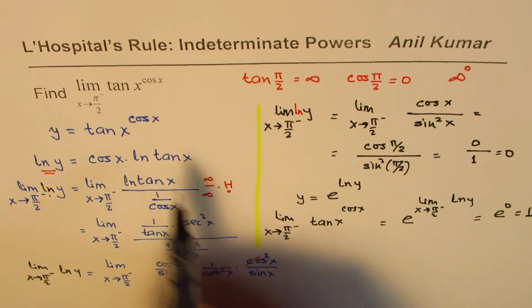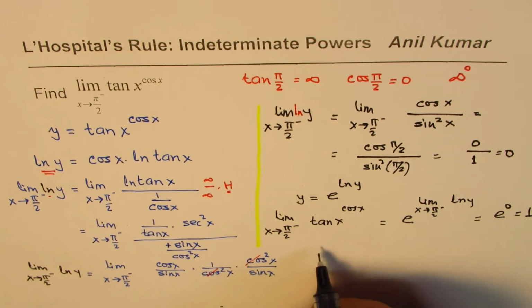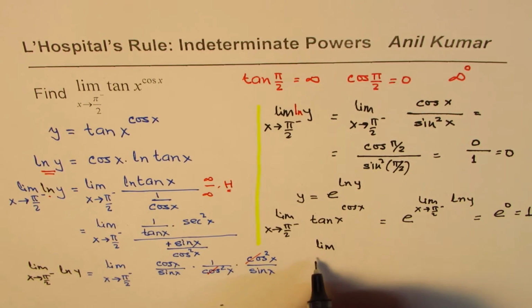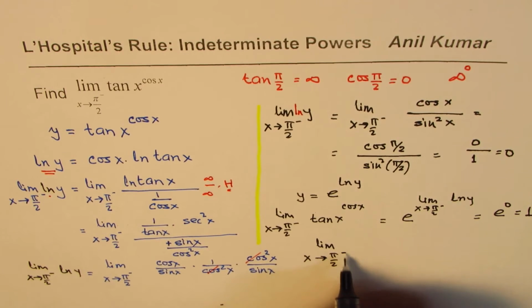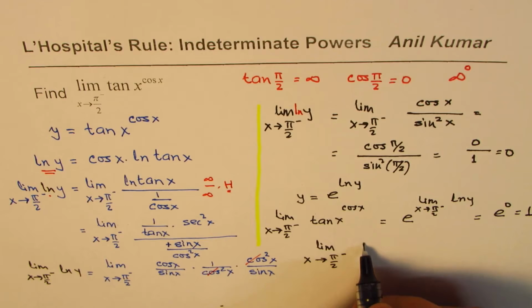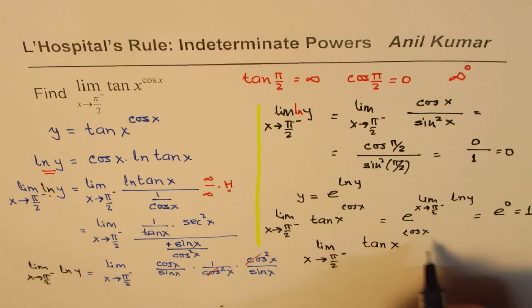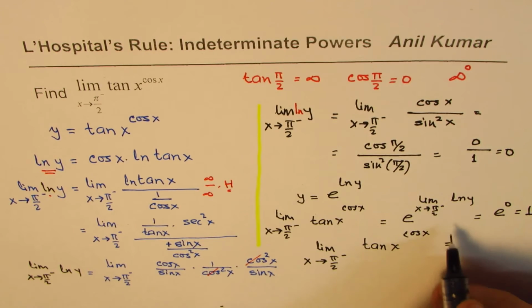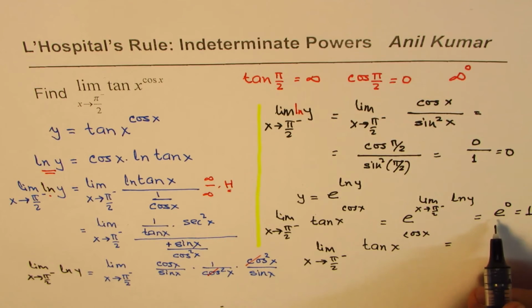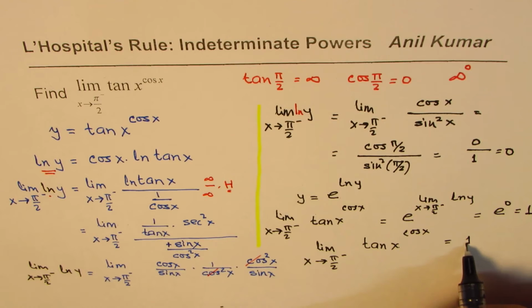So therefore, the limit of the given function, we can write limit as x approaches pi by 2 from the left side for tan x to the power of cos x is equal to e to the power of 0, which is 1, right?